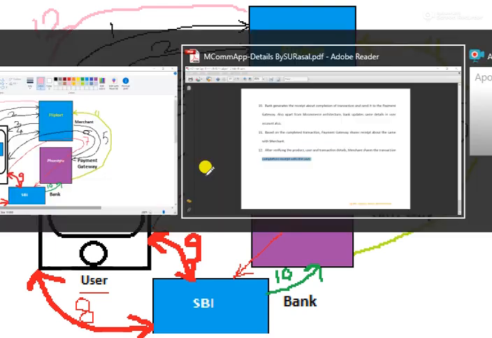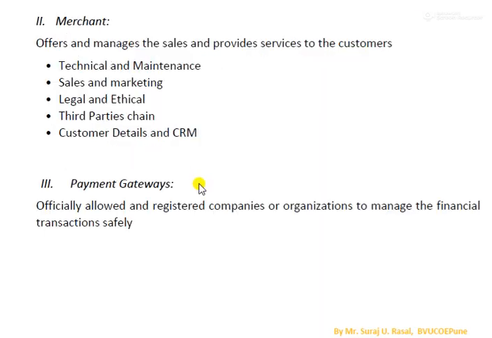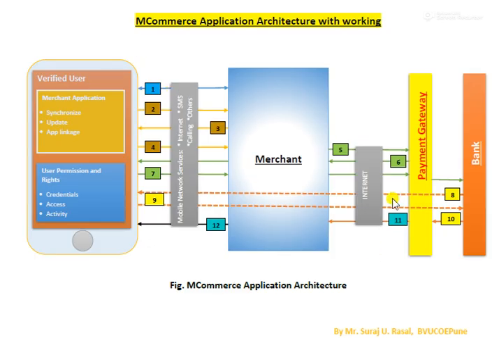So let's see how this m-commerce architecture works. You should keep in mind where the bank is directly interacting with the user, and where the user is interacting with the bank through the merchant, through payment gateways, and so on. Try to understand its theory also.